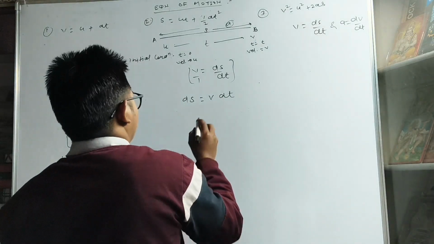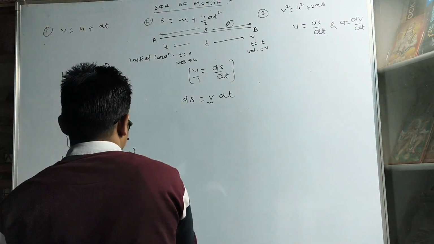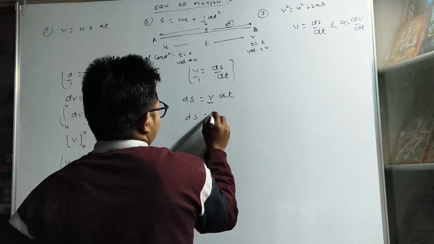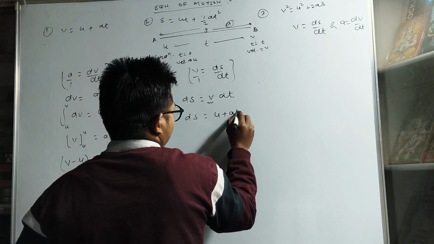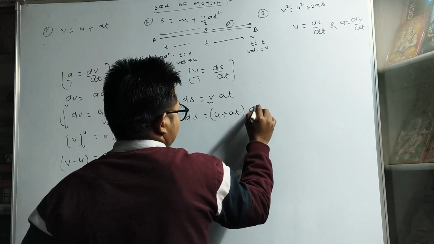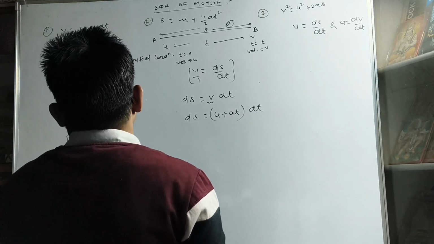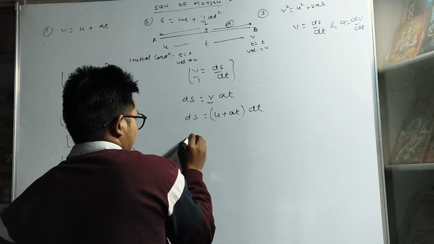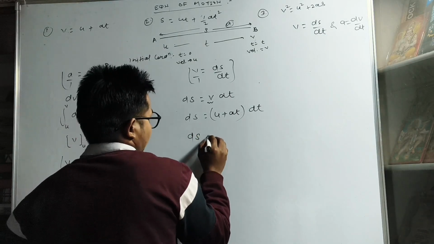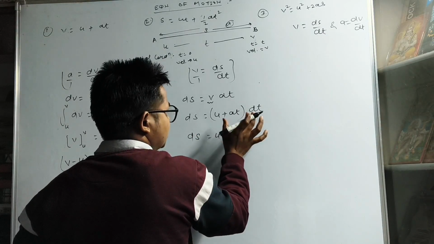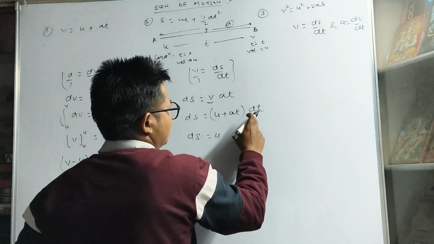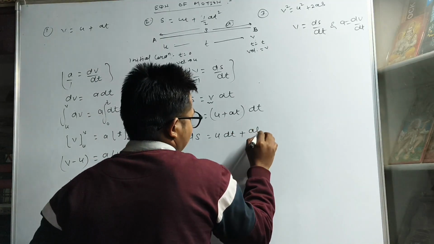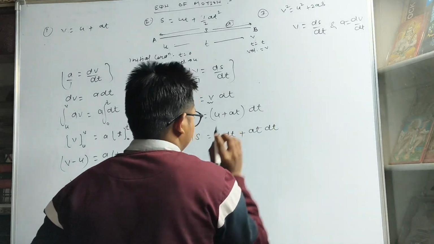Now putting the value of v from the first equation, it becomes ds equals u plus at, times dt. Now we can split these two terms with respect to this variable: u dt and at dt.